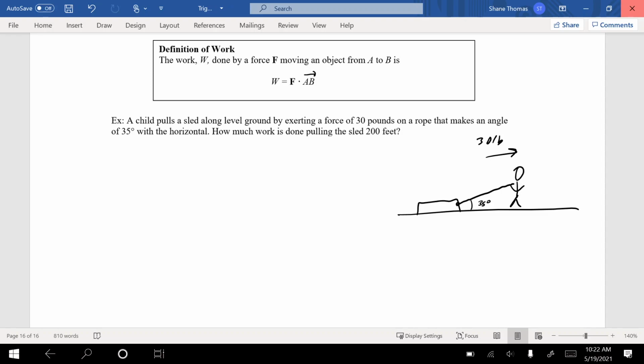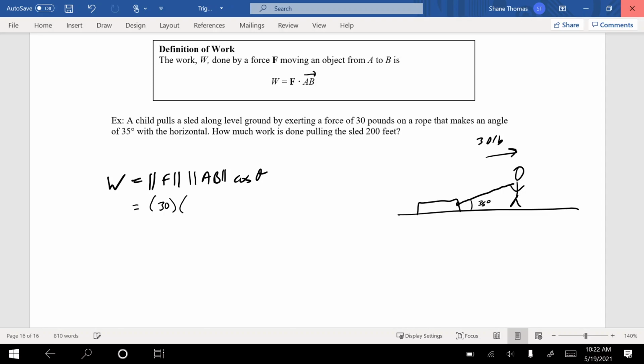Like we just said above, our work is going to be equal to the magnitude of the force, because the magnitude is the amount of force exerted, times the magnitude of the direction we're pulling, times the cosine of the angle. So how much force is being exerted? 30 pounds.